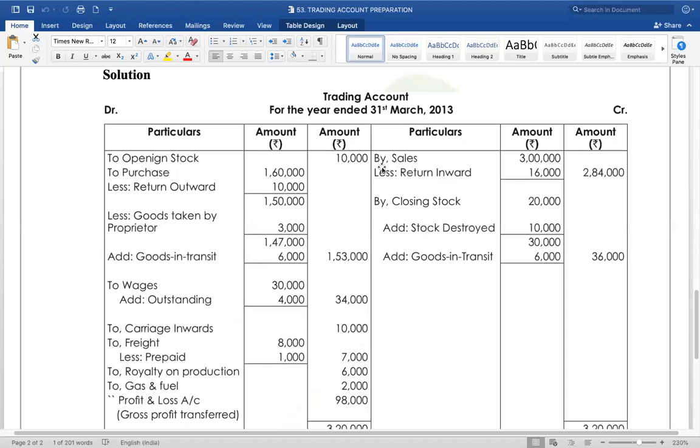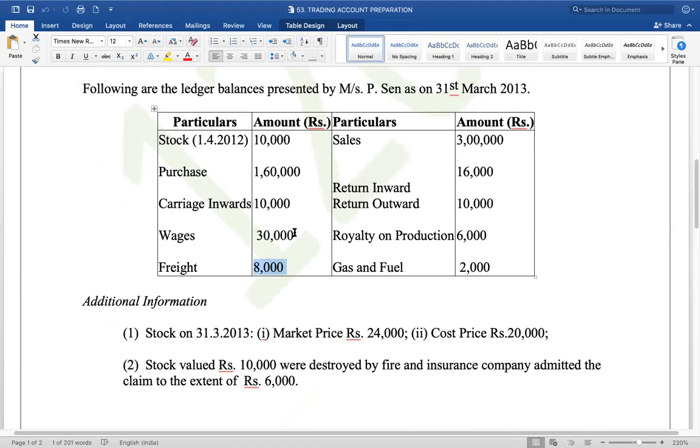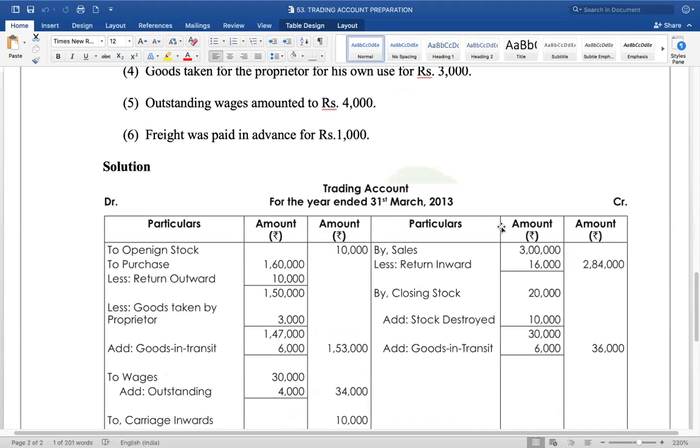Next is sales, 3,000, and less sales returns. We have already seen sales returns, 16,000. Okay, net is 2,84,000. Add closing stock, 20,000. To this 20,000, there is 10,000 worth of goods destroyed.